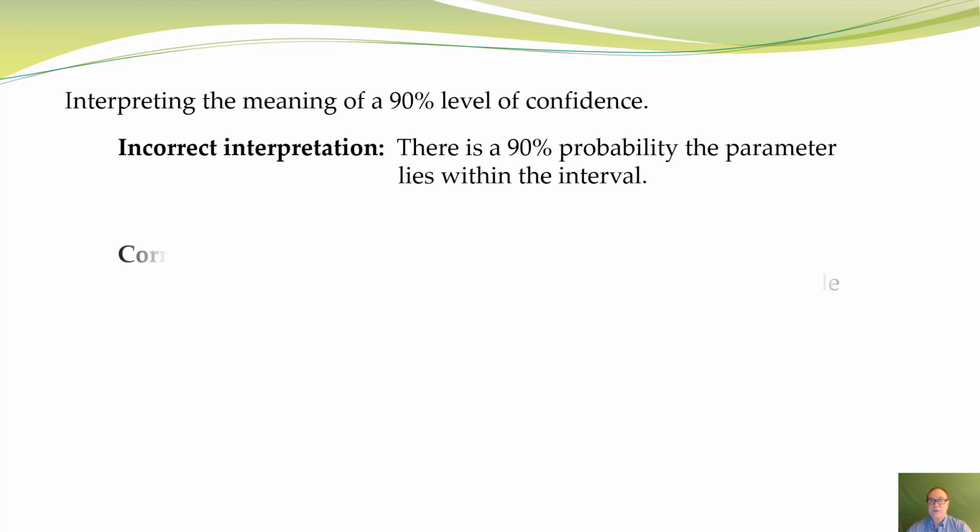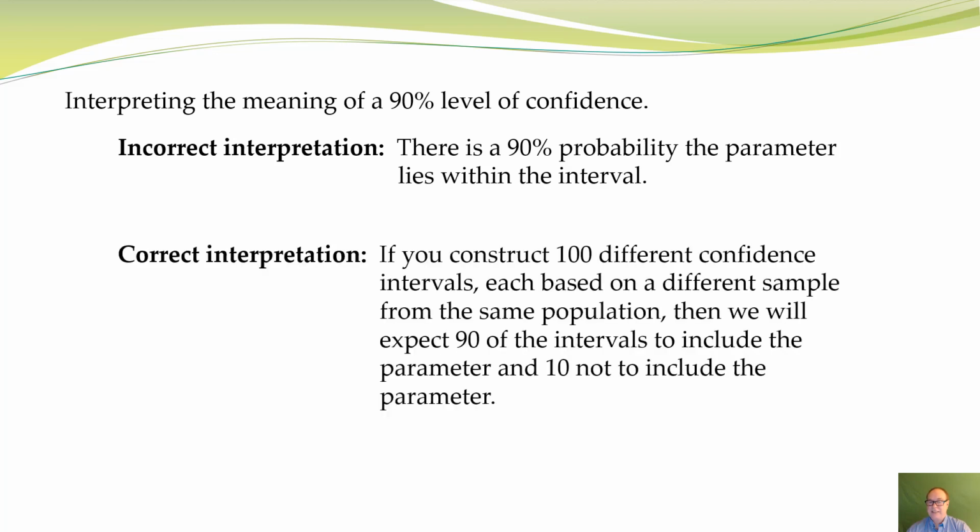The correct interpretation is, if you constructed 100 different confidence intervals, each based on a different sample from the same population, then we will expect 90 of the intervals to include the parameter and 10 not to include the parameter. Confidence level deals with doing several different intervals, and 90% of those intervals will contain the population parameter.